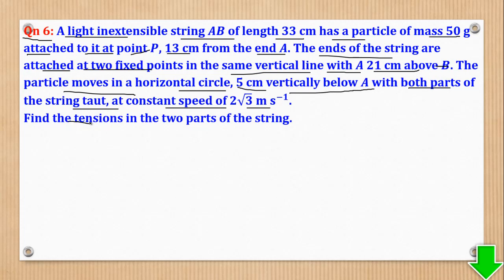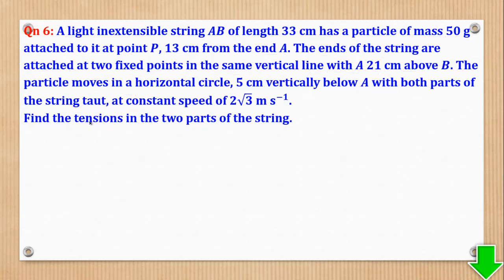Find the tensions in the two parts of the string.